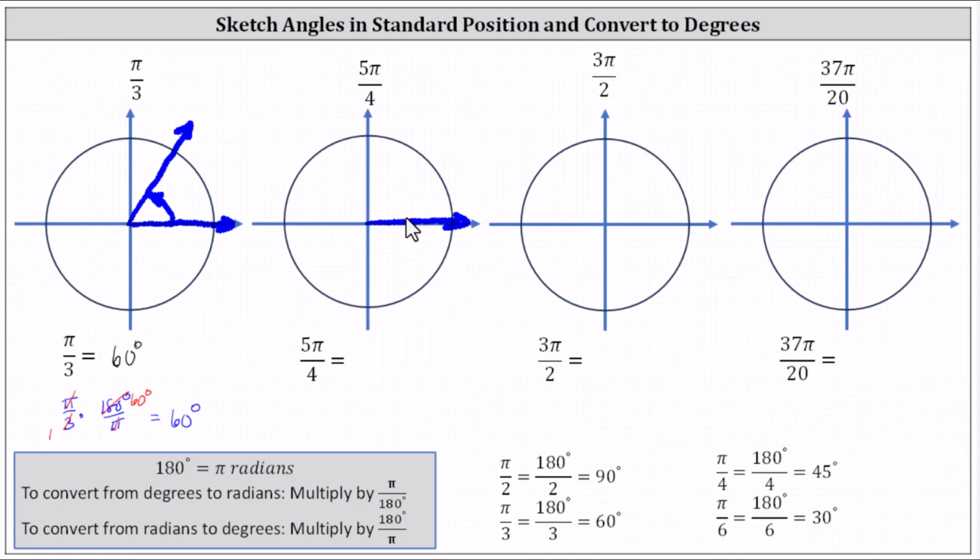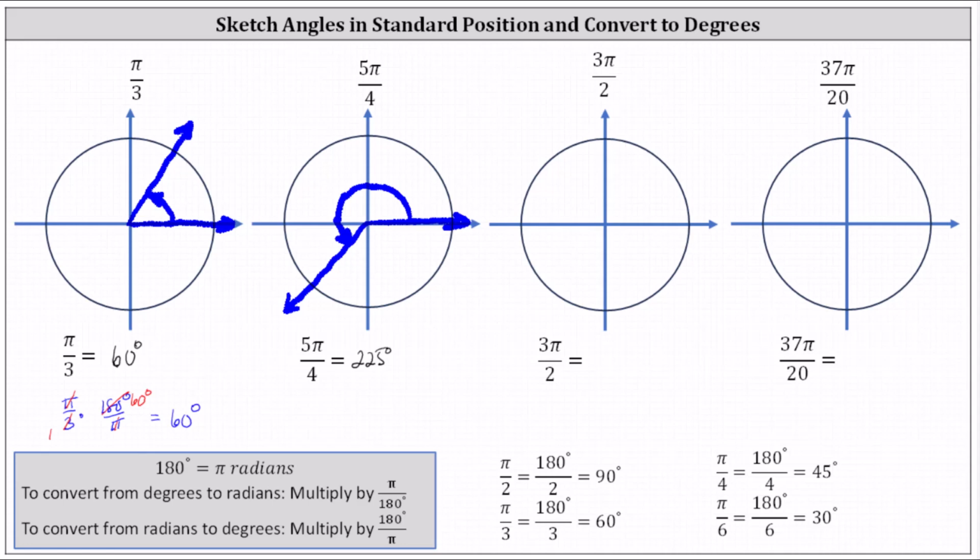Rotating counterclockwise, we have 1/4 pi radians, 2/4 pi radians, or pi divided by 2 radians, 3/4 pi radians, 4/4 pi radians, and finally 5/4 pi radians. This is the terminal side for 5/4 pi radians, which you may recognize as 45 degrees times 5, or 225 degrees. But again, we'll go ahead and show this work.